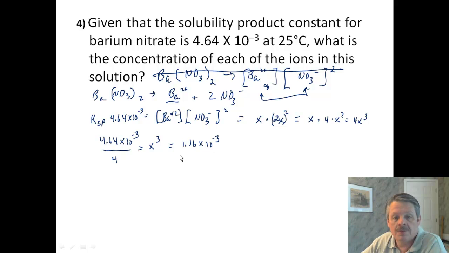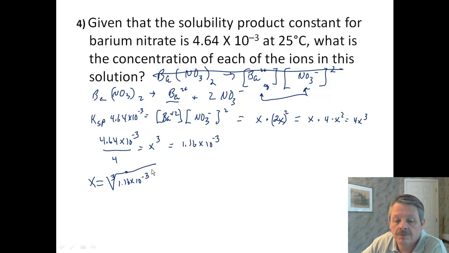So what do I have to do? Well, I have to take the cube root. X is equal to the cube root of 1.16 times 10 to the minus 3. So if I do that, the cube root is equal to 0.105. So that is the concentration of barium.